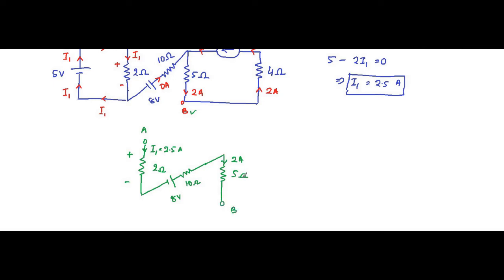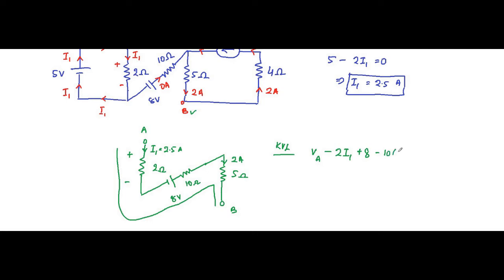Now when we apply KVL through this path from A to B, the equation will be: first voltage at point A, V subscript A, minus 2I1, by the second sign dominating method, because we are moving from plus to minus. Then we move along the path, and it will be plus 8 because we are moving from negative to positive.